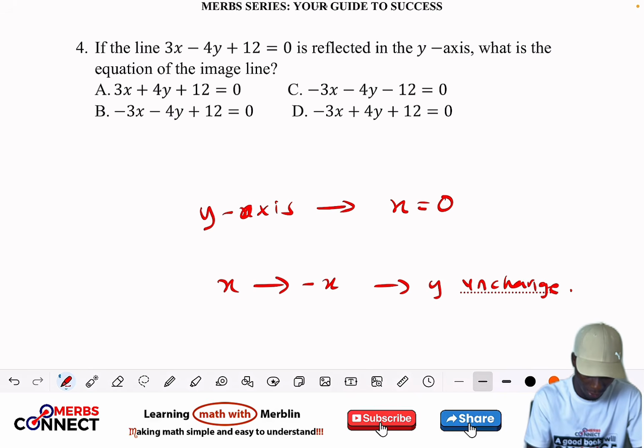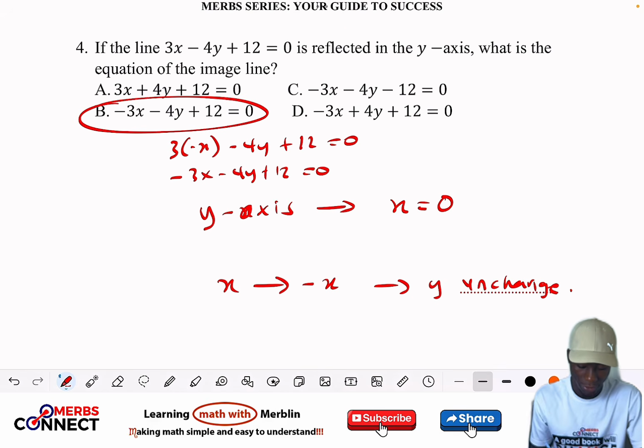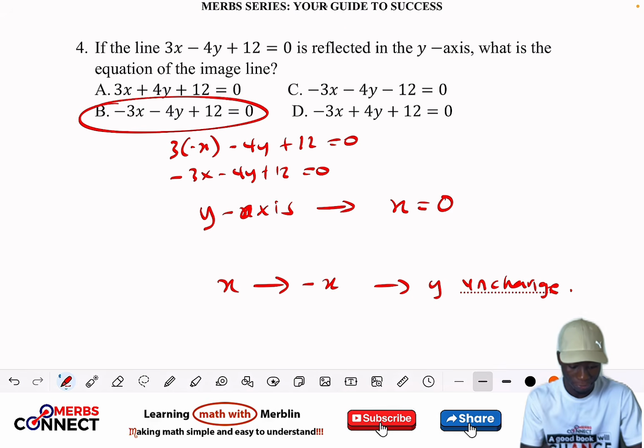So let's do that from the question. I'm going to have 3 times minus x minus 4y plus 12 is equal to 0. So what am I going to get from here? I'm going to have minus 3x minus 4y plus 12 is equal to 0. And the answer is going to be B here. So that's very simple from there.